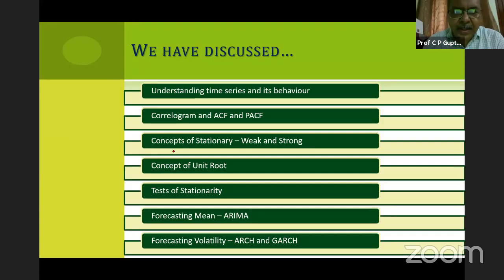So friends, with these words, let's move forward and have a quick look at what we discussed so far in time series. The very first day, we tried to understand what time series is and its behavior, correlogram, autocorrelation and partial autocorrelation. We also tried to understand the concept of stationarity, weak and strong stationarity, the concept of unit root and tests of stationarity.